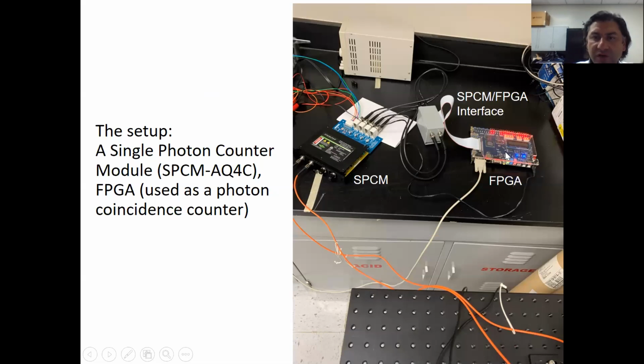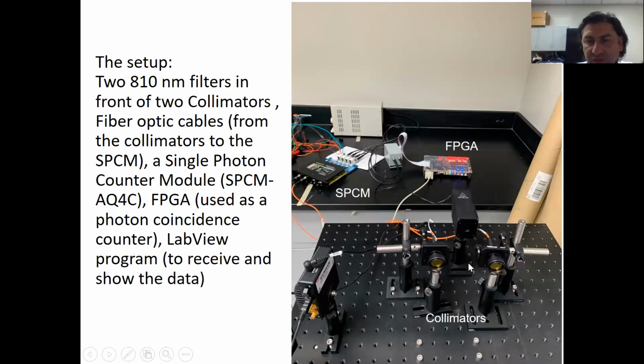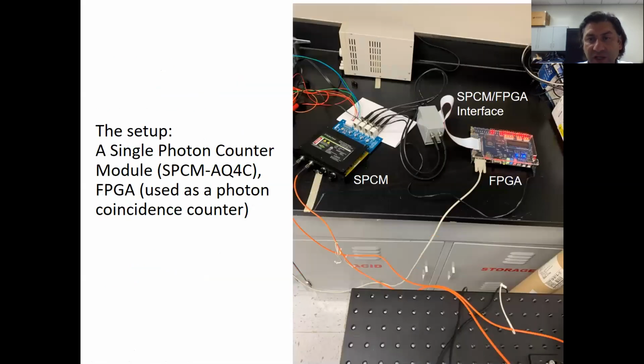So if the photons reaching the detectors arrive in a very small time window, like nanosecond range, then we can call them entangled. Okay, so this FPGA is going to take care of that. It will tell us when the photons reach the detectors, whether they are in a nanosecond range window or not. So that's going to tell us about the coincidences.